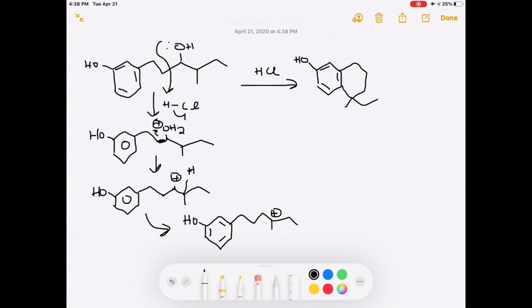Now that we have a positive charge, this allows for one of the double bonds of the ring, let me just redraw the double bonds, to go, and the electrons in that pi bond can attack or attach itself to the tertiary carbocation, allowing us to form a ring.